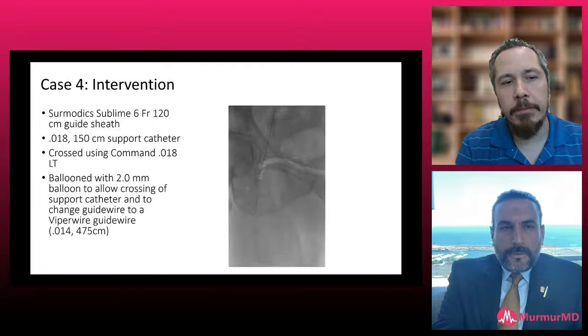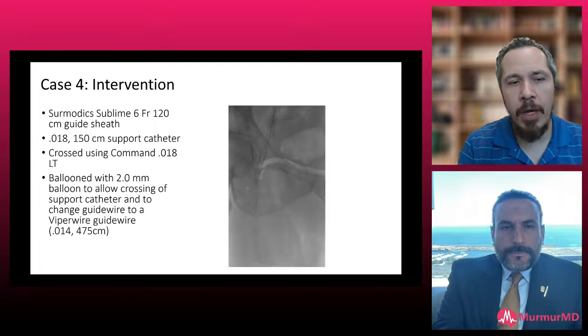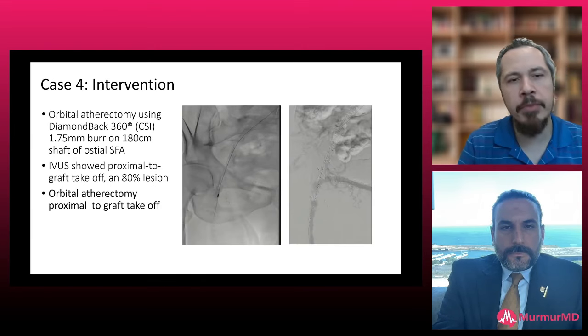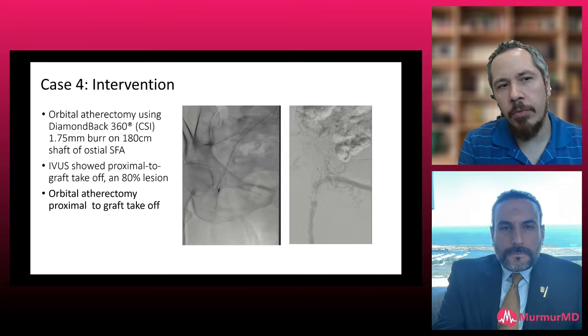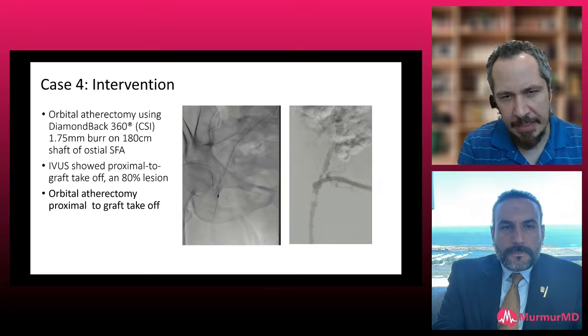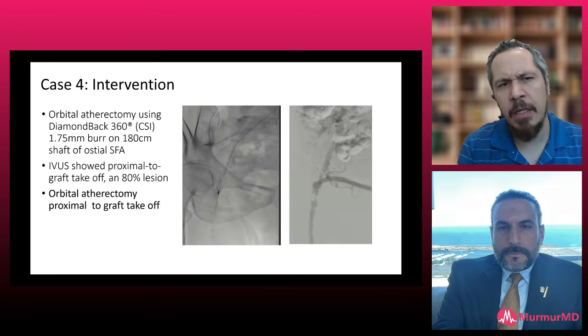Right. So we put a wire, a Viper wire, and we IVUSed, and then what we ended up doing was orbital atherectomy with a 1.75 burr over a 180 centimeter wire. There are a couple of CSI Diamondback catheters that are meant for radial.